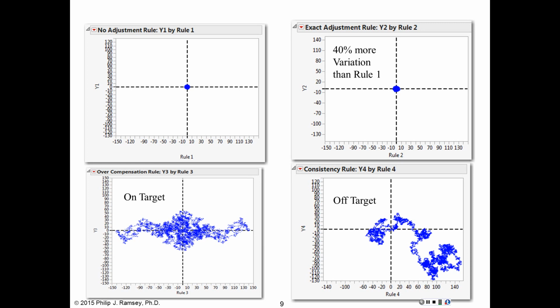But notice what's going on. On average, I'm hitting the target. But wow, look at the variation. It's exploded. Look at the scales of measurement, okay, for Rule 1 and Rule 2. Now look at Rule 3. So by overcompensating, we've driven wild variation.